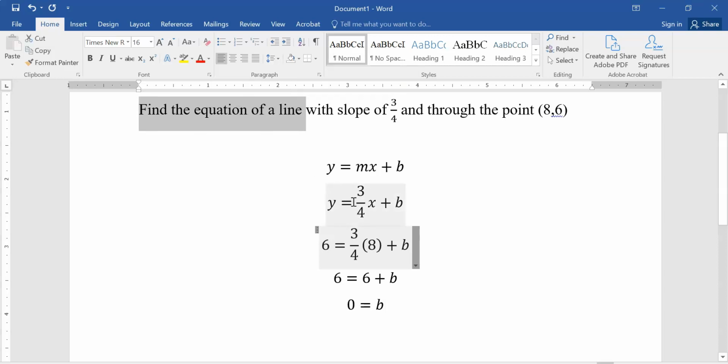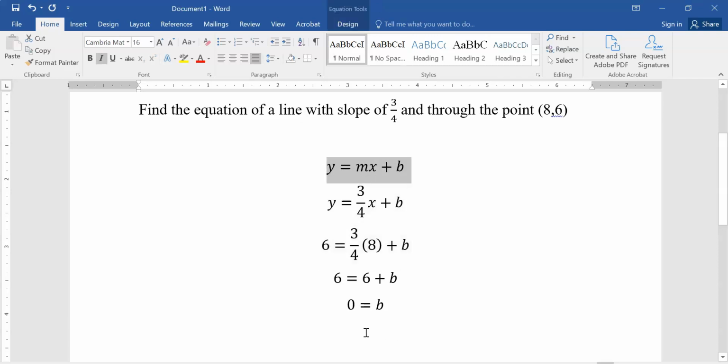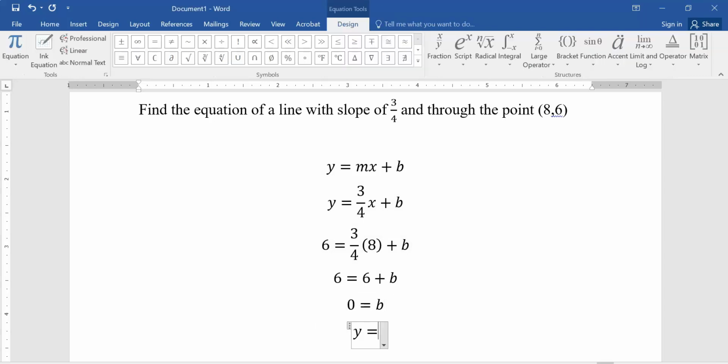What I've done is I've found the slope, 3/4. I've found the b, but the equation is this thing, y equals mx plus b. So my final answer has to look like y equals 3/4 times x plus 0.